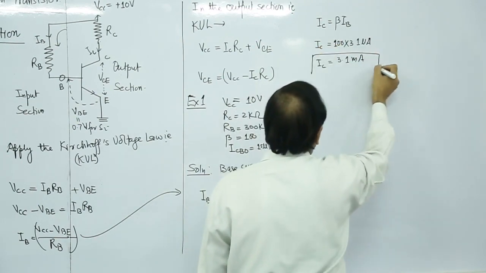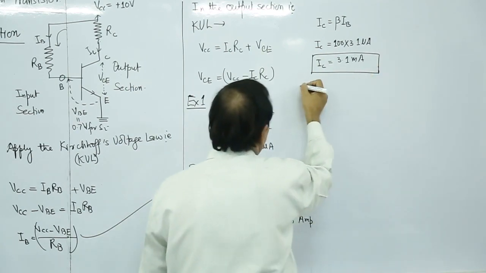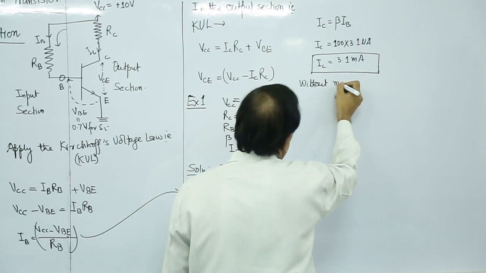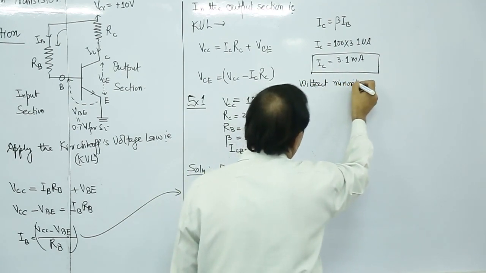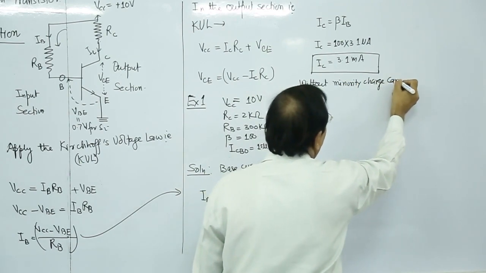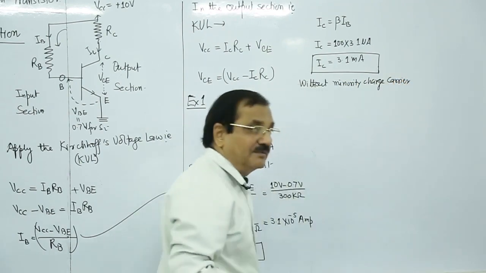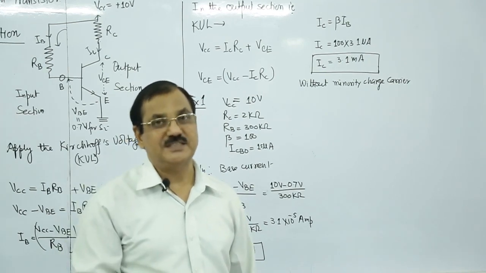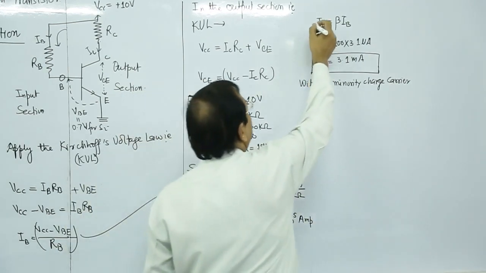So this IC is without minority charge carrier. Without minority charge carrier means we are not considering the minority charge carrier in our consideration because we just have the formula.